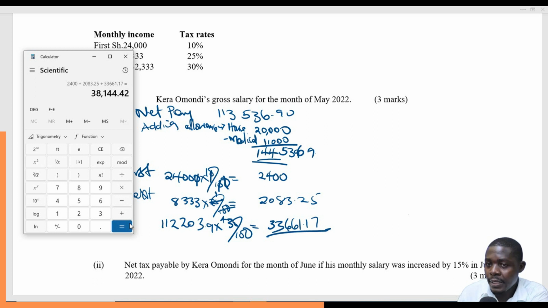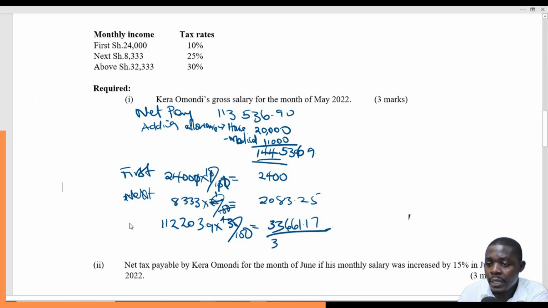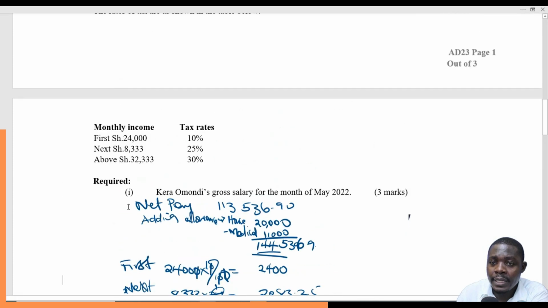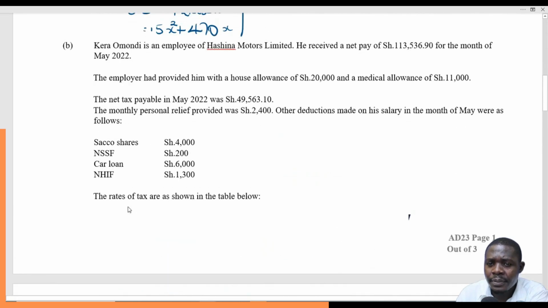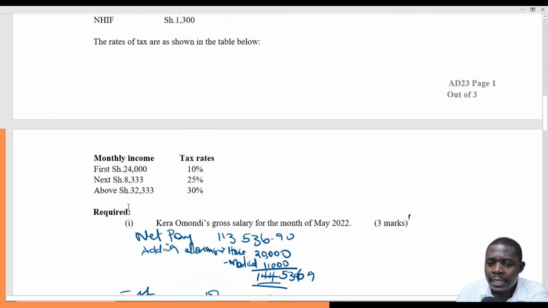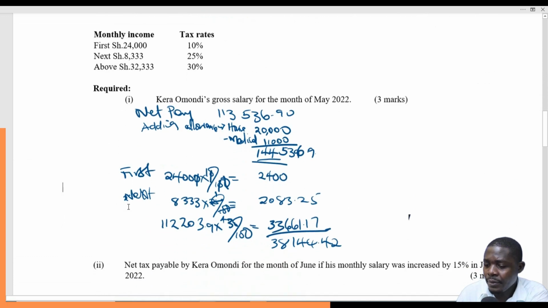You get 38,144.42. That is our net taxable pay, or the tax this person ought to pay.